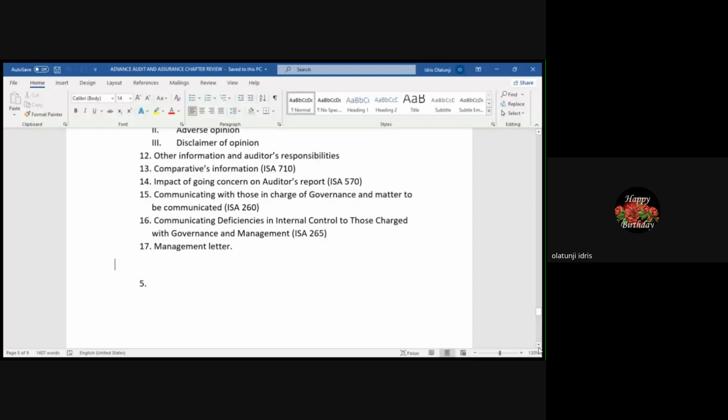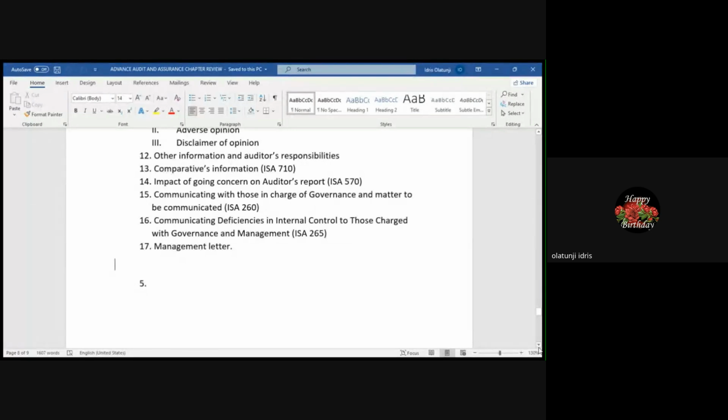So it's just for you to understand the concept that an emphasis of matter or other matter paragraph, as the case may be, in your audit report is a situation whereby there is going concern uncertainty that can actually impair the existence of the company in the nearest future, or when a new IFRS is adopted, or when there is court case litigation that can lead to financial disturbance of the organization, or that can make the organization not to be in existence in the nearest future.